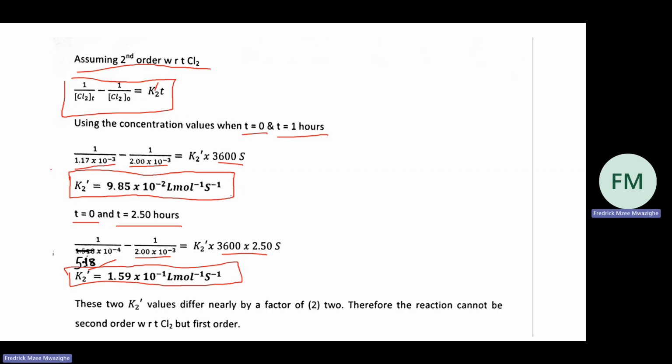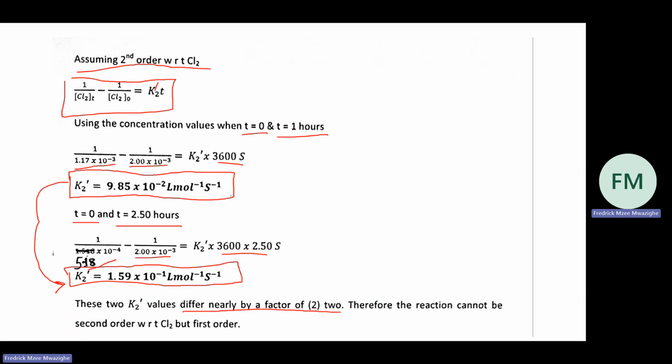So if you compare the two values, you notice that they are very different. They differ almost by a factor of 2, which means they are too far apart. So this reaction cannot be second order. Otherwise, we would have gotten similar or close enough values for K2 prime.